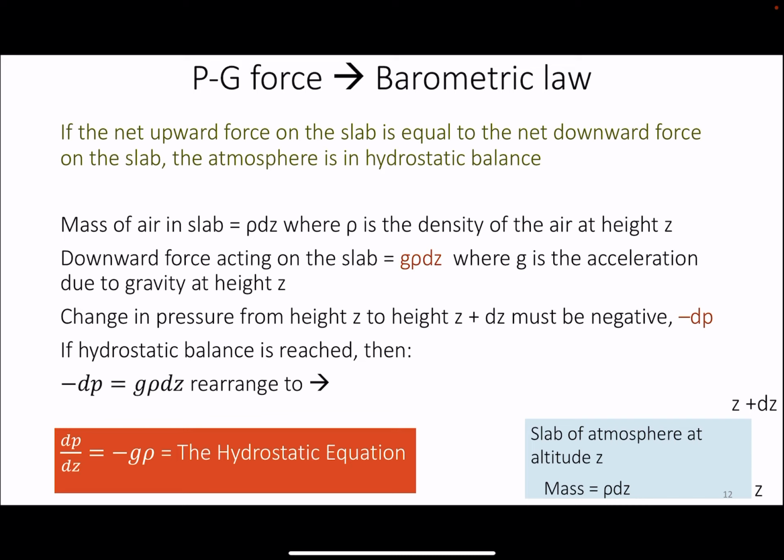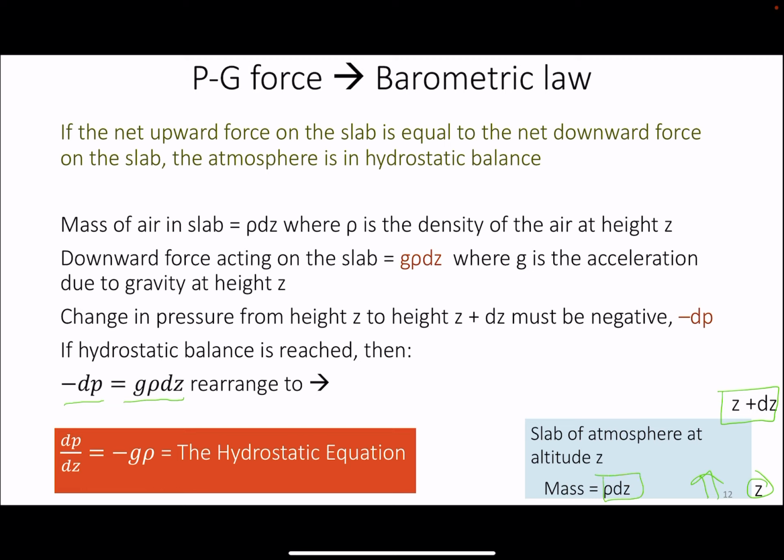And if we keep going, we can do some rearranging, some algebra, and you end up with the assumption that if hydrostatic balance is reached, then minus dP, the pressure gradient, must be equal to g times rho dz, okay? And that's basically saying in mathematical language that this pressure at z, that wants to lead to an upward force, because this pressure at z is greater than this, is balanced by the mass.